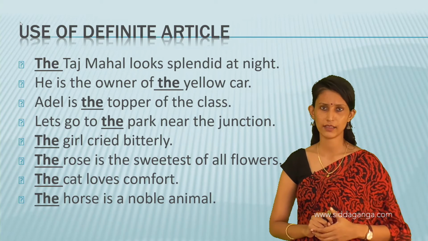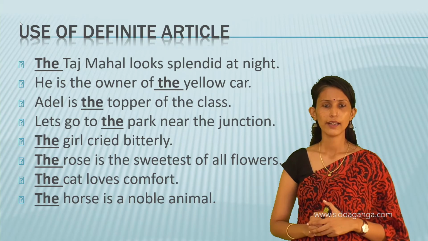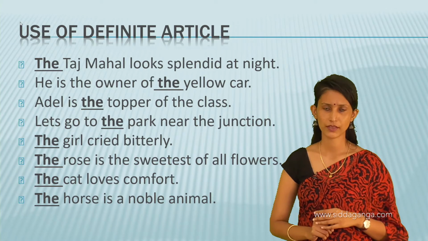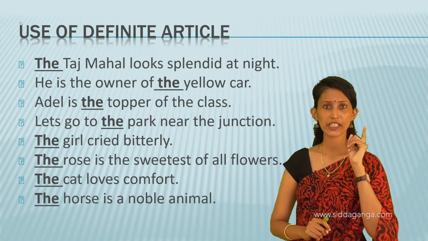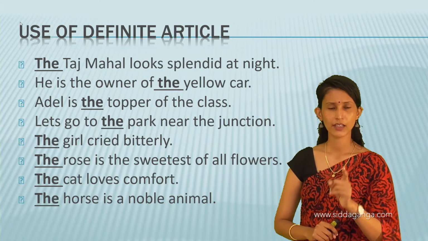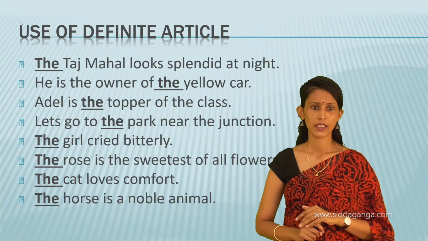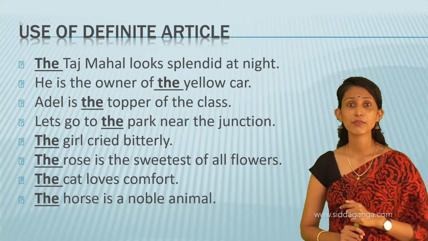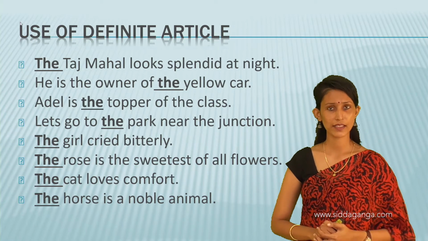One person named Adele is the topper of the class. Let's go to the park near the junction. There is one park near the junction. So you're saying of something that is very definite, something that is very obvious. The girl cried bitterly. So the girl that's sitting there, she cried bitterly.